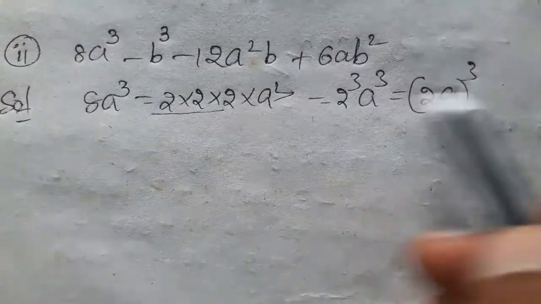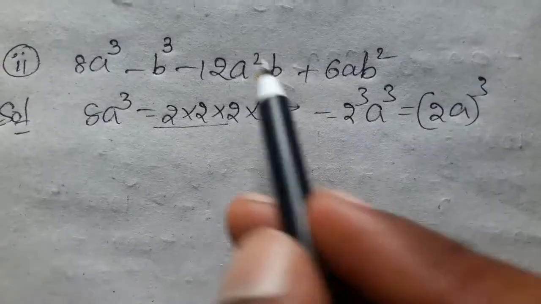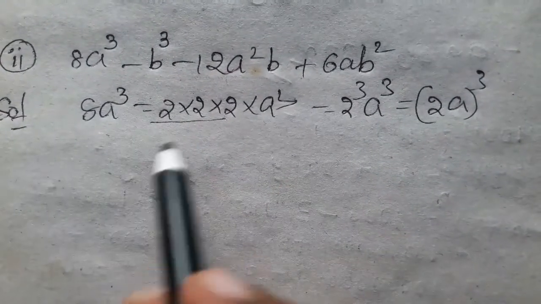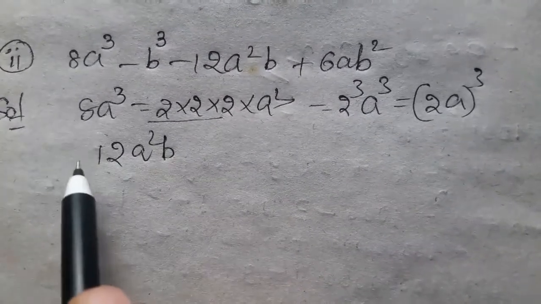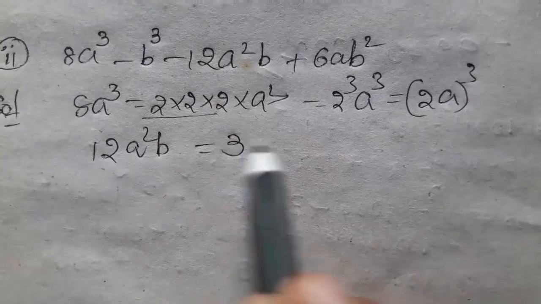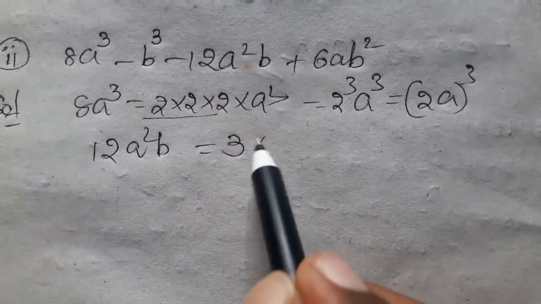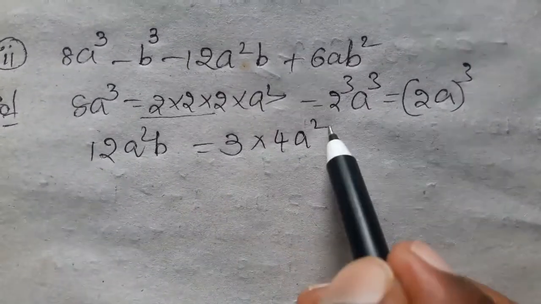This means a cube, this is minus b cube, this is minus 12a square b. That means this can be written as 3 into a square, isn't it? That means 3 into 4a square into b.